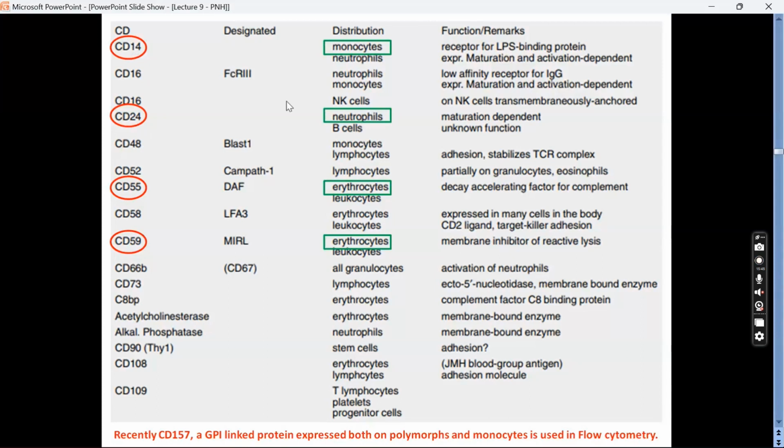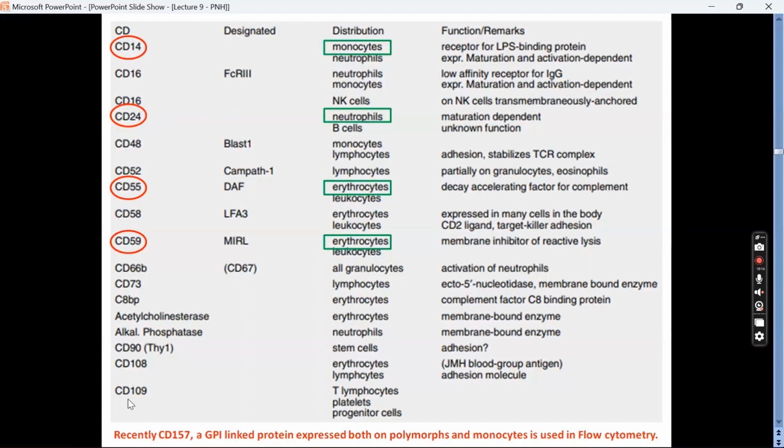You cannot use CD14 for neutrophils or CD24 for monocytes. CD14 is expressed in monocytes and not in neutrophils, and CD24 is expressed in neutrophils and not in monocytes. So you need 2 markers, each expressed in only either monocytes or neutrophils.